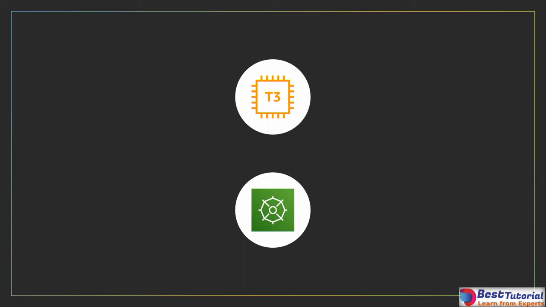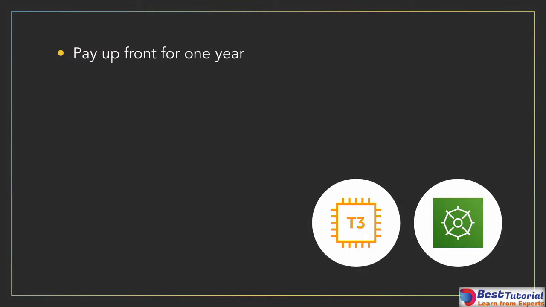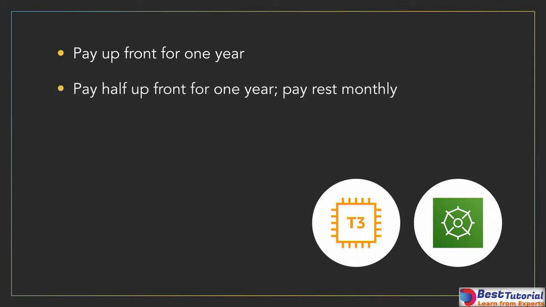And you can buy this coupon in 3 different ways. You can buy a coupon where you pay now for the entire T3 medium instance for the next 12 months. It's the biggest monthly discount, and it's like getting a great deal by paying up front for your cell phone plan. Or you can buy a coupon where you pay half up front for a whole year and ask AWS to split up the remainder each month.